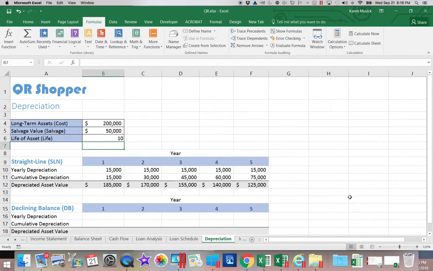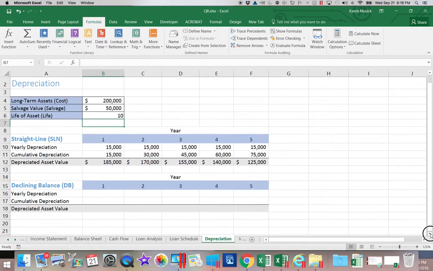Now, most of the other depreciation methods choose some way of accelerating depreciation. So one argument for this is that when I first buy the asset, it's efficient, it's working well, it doesn't require a lot of maintenance expense, and so I should have a higher depreciation expense in the beginning.